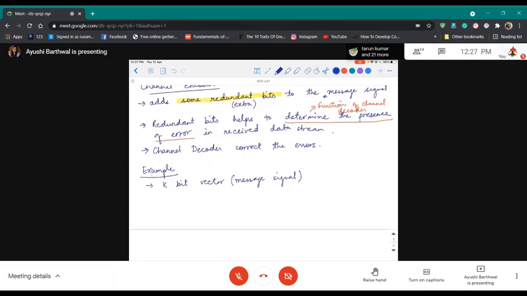Right? So if it is a k-bit message signal, how many possibilities are there? It will have 2 raised to the power k information symbols.